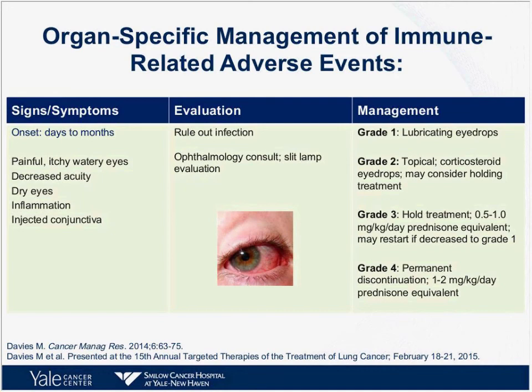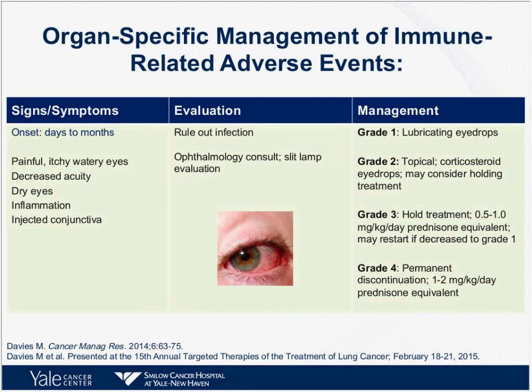In most cases, you want to rule out other infectious causes for evaluation, also to rule out any other ophthalmologic types of injury that the patient may have had. So ophthalmology consult is going to be quite valuable. Typically at grade 1, just lubricating eye drops are all that is required.